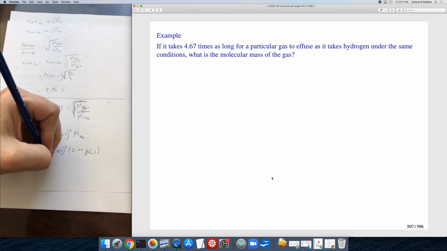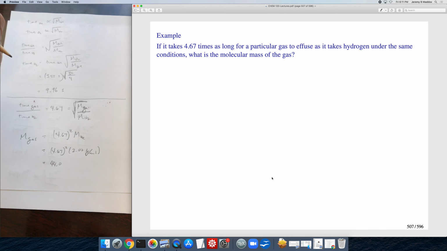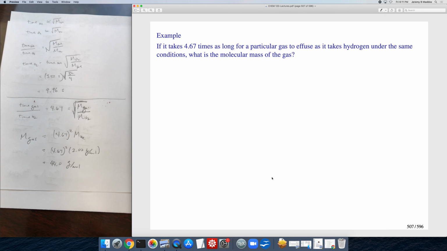And so I'm getting 44.0 grams per mole for that molar mass. And so here we've actually used the effusion process to estimate the molar mass of an unknown gas, which is kind of a neat application of this.